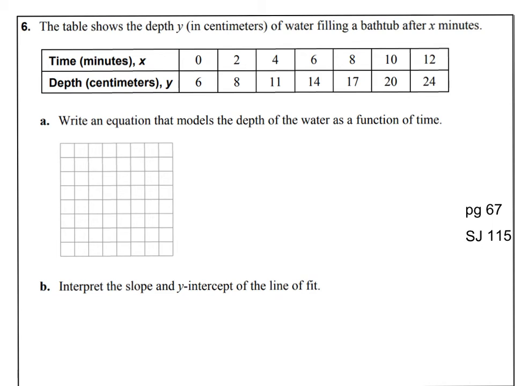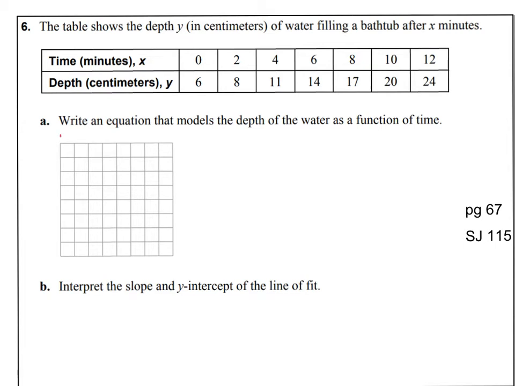Okay, it says the table shows the depth y in centimeters of water filling a bathtub after x minutes. And I do believe that when I did this last year, we did a bigger graph, but let's just try. We'll go by 2s and see if that will work.